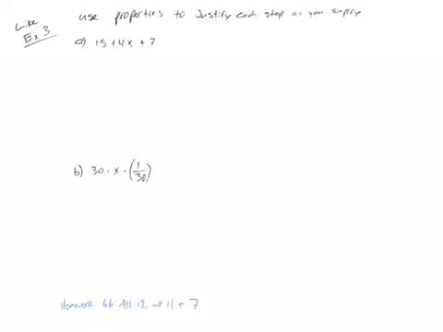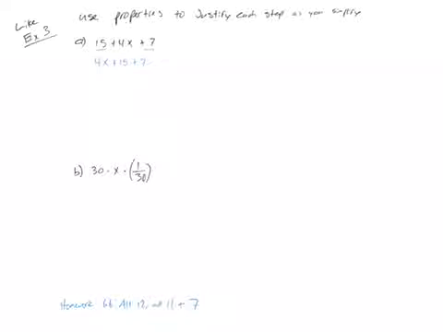Alright. And then this next one says use properties to justify each step as you simplify. So we're going to try to simplify these expressions and then name the property that we're using to do that. So first of all, I think I'm just going to switch the order because I want to add that 15 and that 7. So I'm going to have 4x plus 15 plus 7.